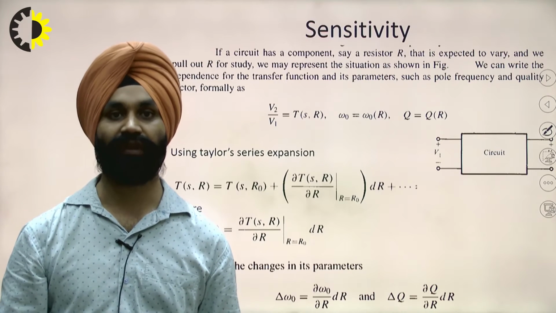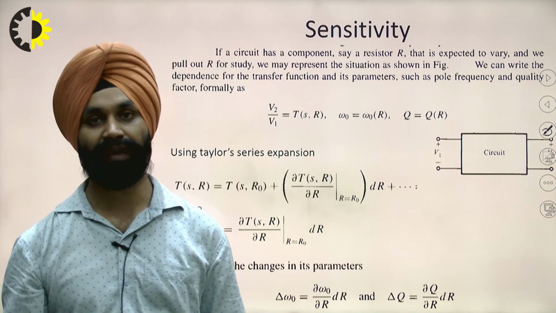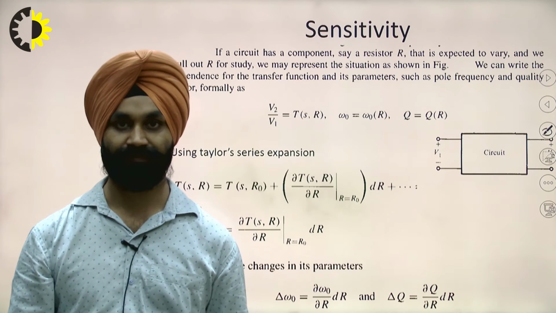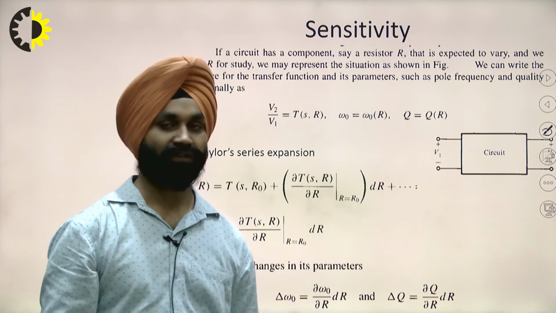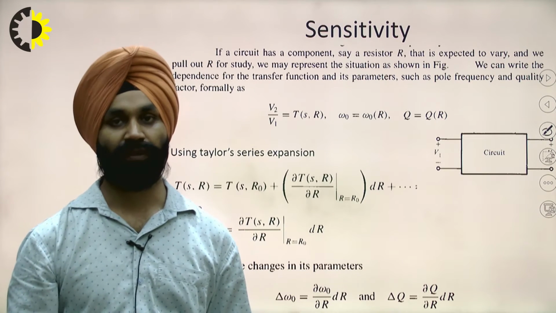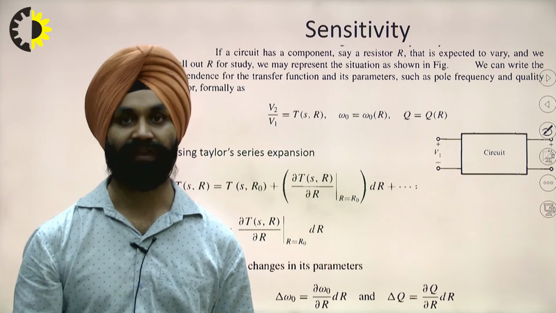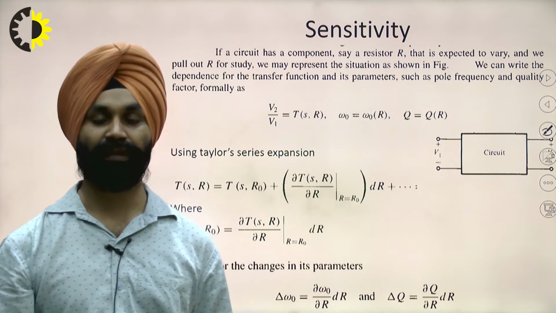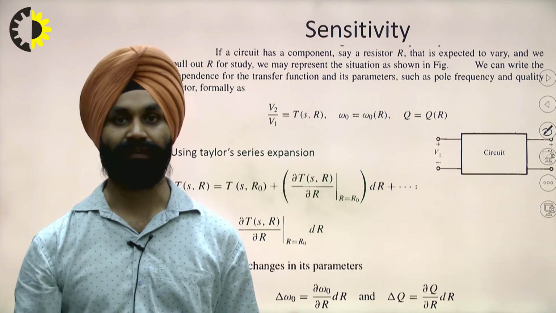If it is a filter, this will have R, C and L components, which can be replaced by other active components. So if this is a circuit which consists of R and C components, let's suppose the R component is varying. Let's suppose the R component has a tolerance of plus minus some X value. So R's value is varying to that extent.